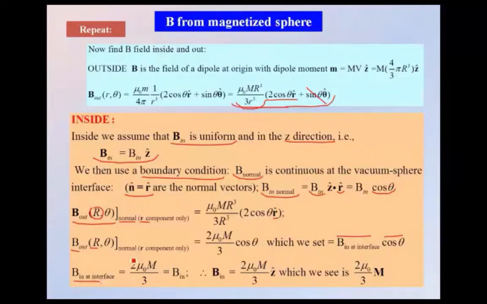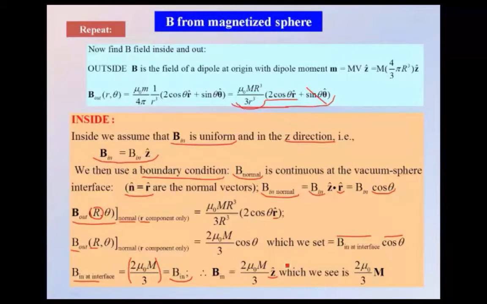It's equal to a very simple expression here, and because B is uniform, that corresponds to any position in the sphere, and that gives us B inside. So turning it into a vector, we just multiply by the direction of B in, and we have the full expression for B sub in.